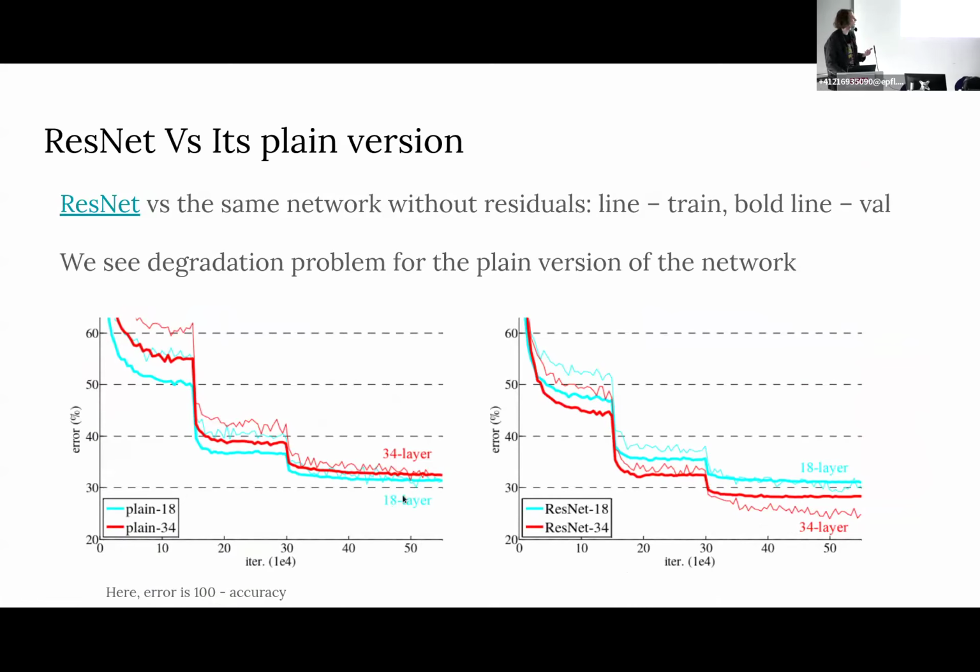So you had quality degradation. After you added these residual connections, you started to perform better. So residual connections intuitively allow you to perform as well as small models, but in reality, they perform even better because of this better gradient flow and because they are more robust against this degradation problem.